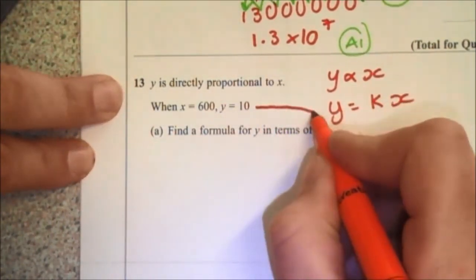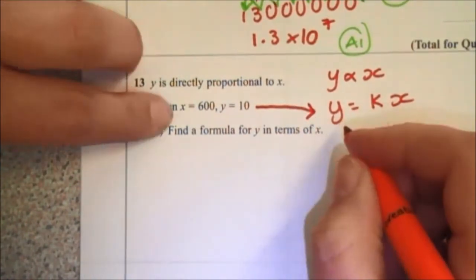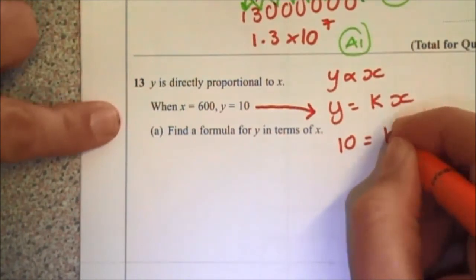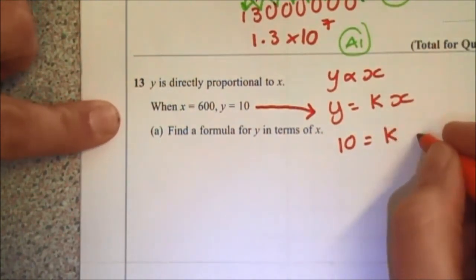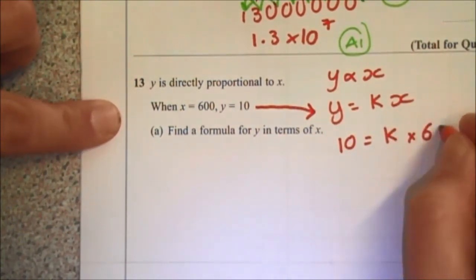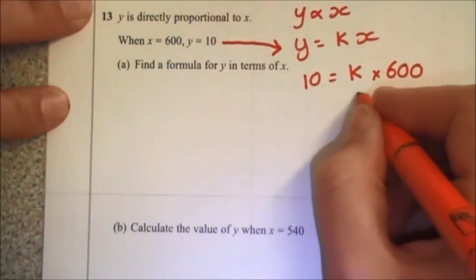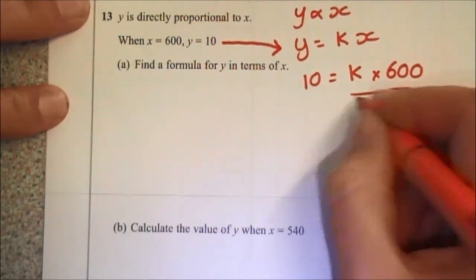I can sub in the values that they've given me here. So they've told me that y is 10. So I've got 10 equals k, the constant, I don't know that, times x, which is 600. Now I need to solve that for k. So I need to divide by 600 on both sides.